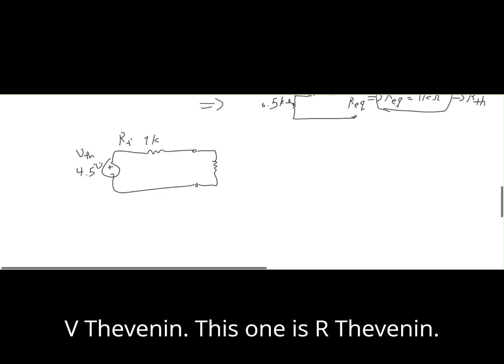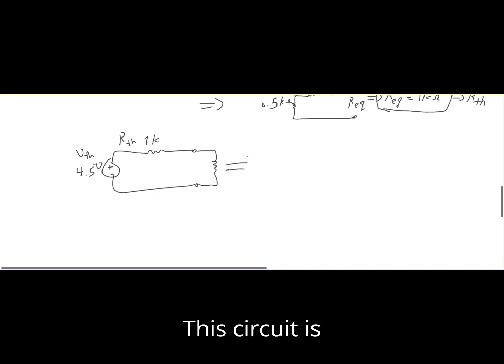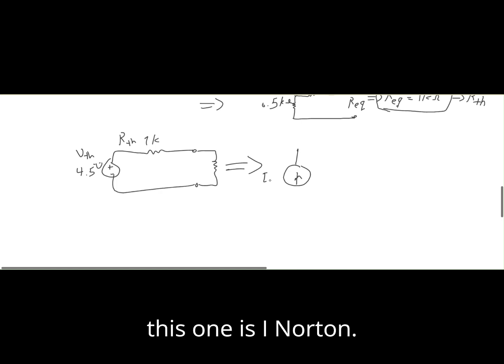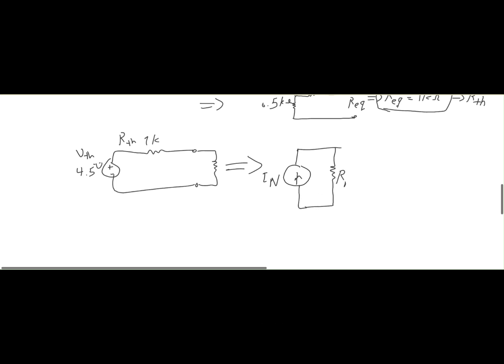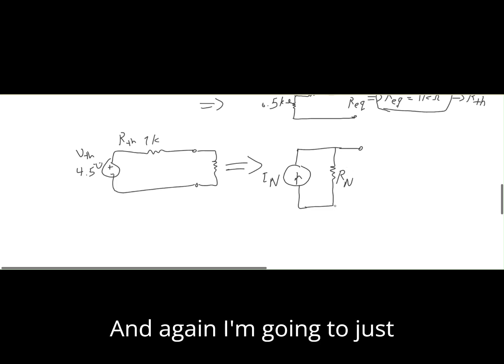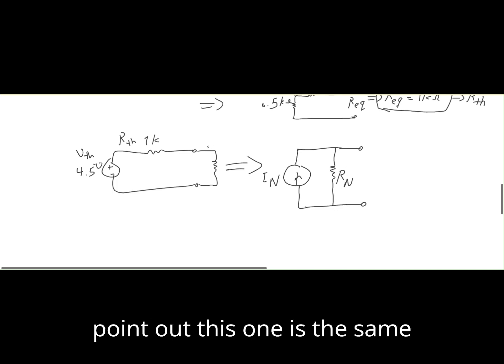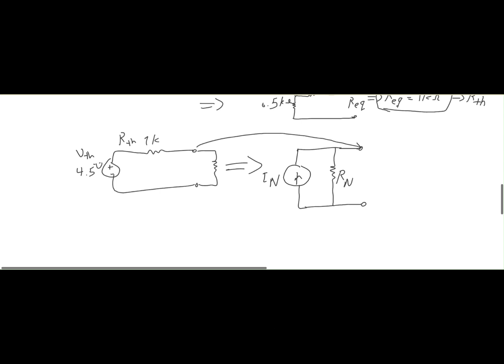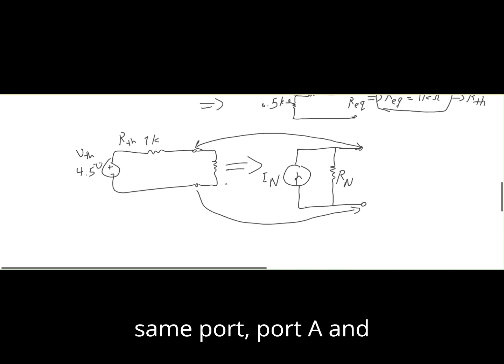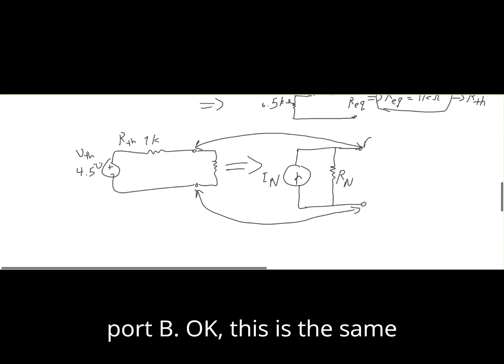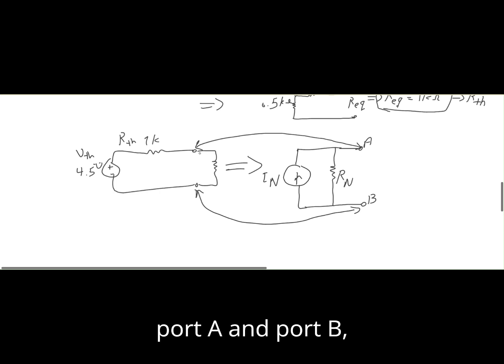This one is R Thevenin. This circuit is equal to this one, I Norton in parallel with R Norton. And again, I'm going to point out this is the same port. Same port, port A and port B, okay?